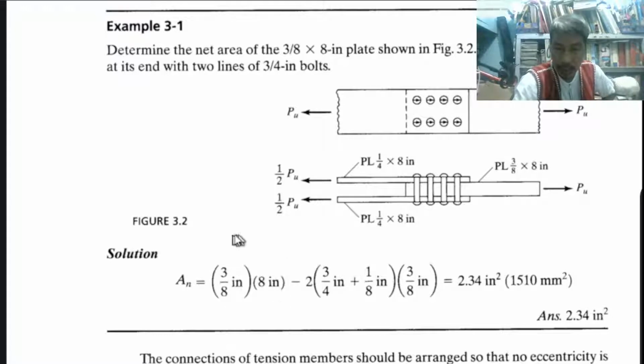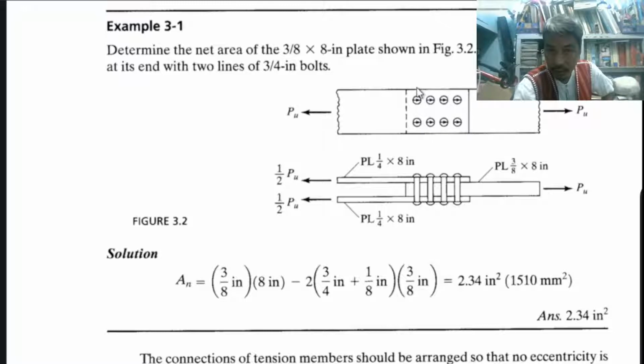According to the previous paragraph, we need to subtract the holes. If we say all the holes, we only subtract the holes on that particular line. This is our line of cross-section.